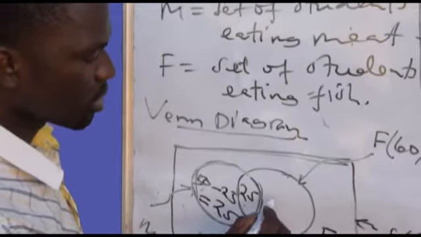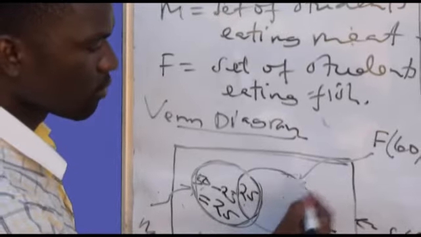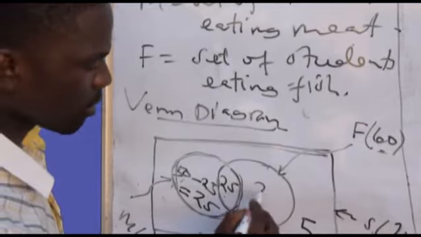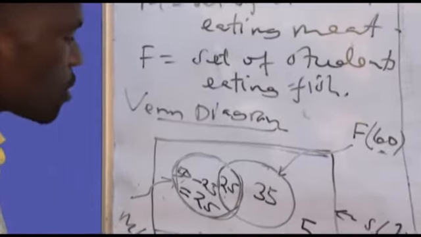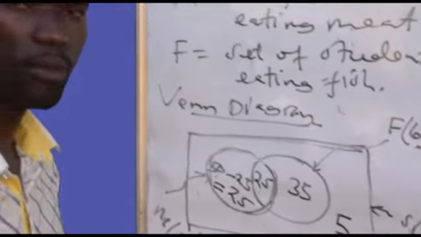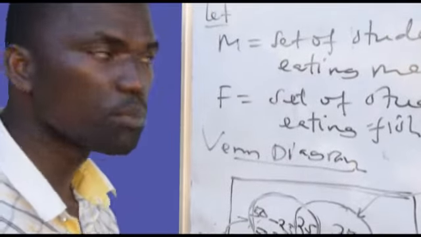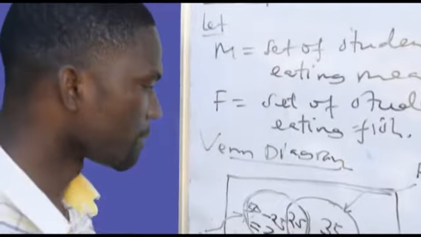And again, this portion is supposed to total 60. Take away this 25 and you remain with 35 students. So now this is the representation of the information given using a Venn diagram, and we are in a good position to answer the question based on probability.